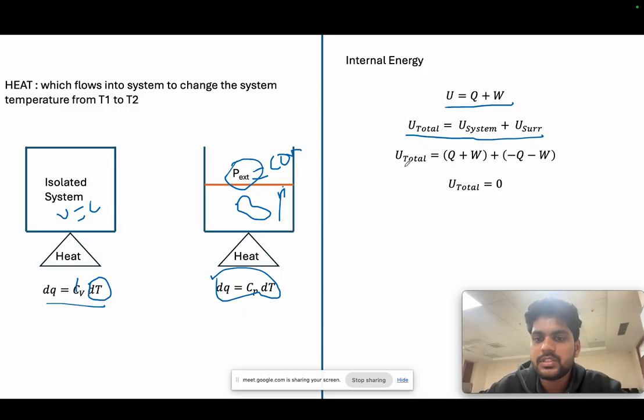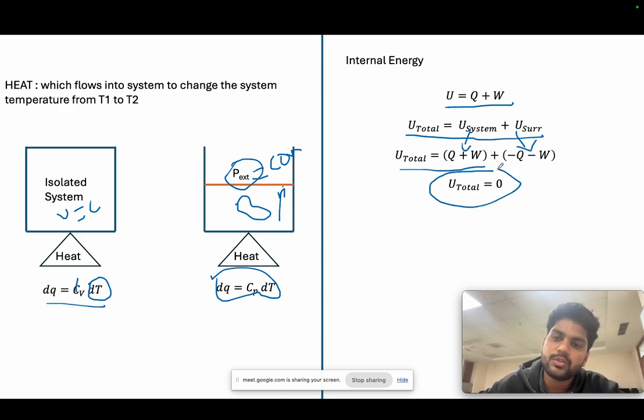To put it in good words, for the system it will be Q plus W, and for the surroundings it will be on the opposite side, minus Q minus W. So that's why U total equals 0. You need to remember one thing: in thermodynamics the total energy will be 0, but not the work. The total energy of the universe will be 0, but not the work. These are the two things you need to remember.